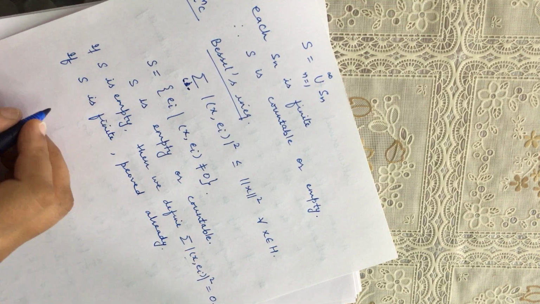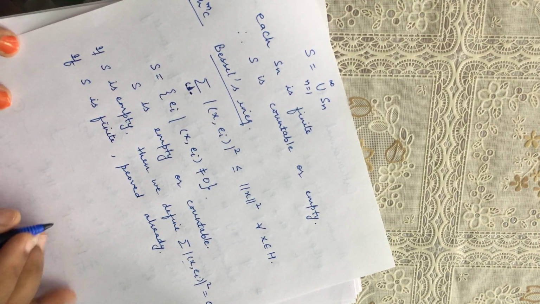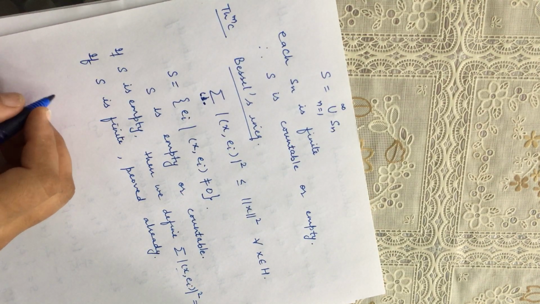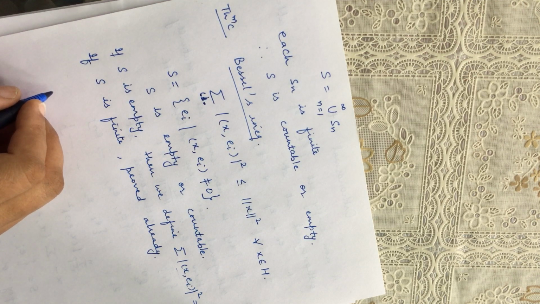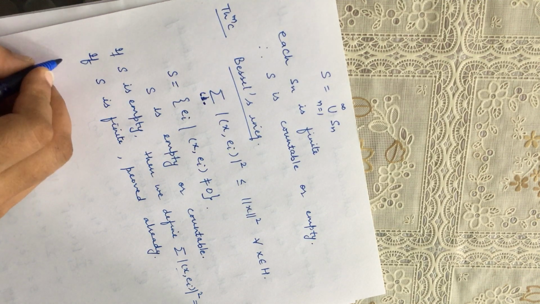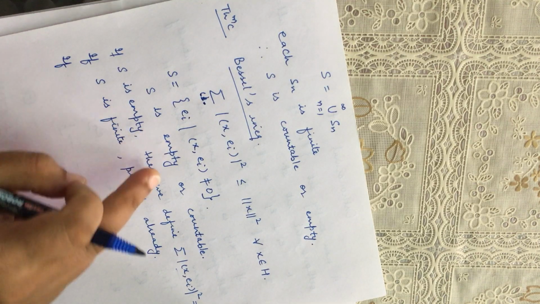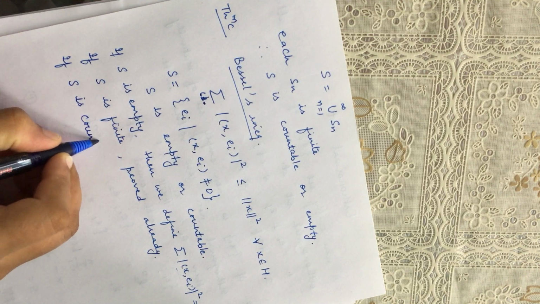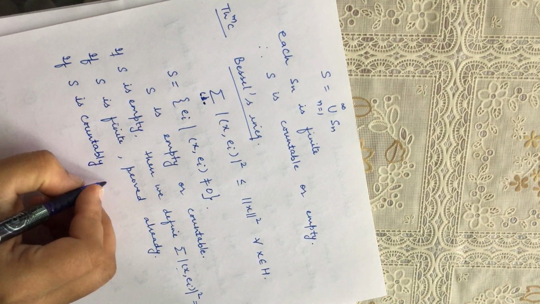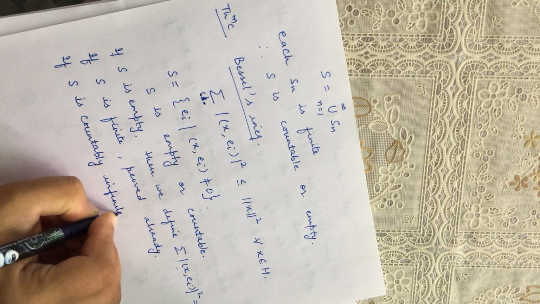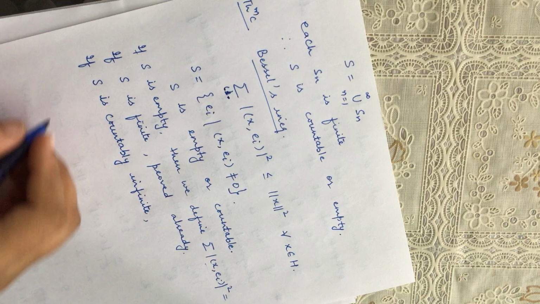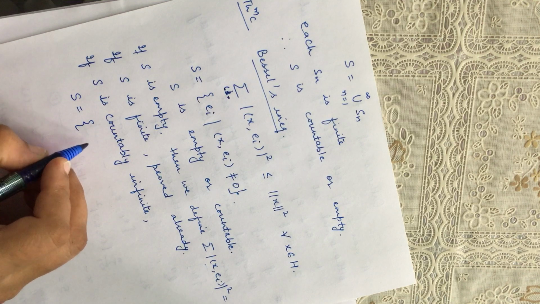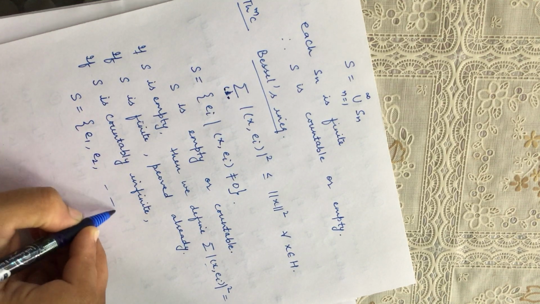Now we prove it for arbitrary S. Because we know S is either empty or countable, the rest case is just the case when S is countably infinite. So let us rearrange the vectors in the set S in this order: e1, e2, e3 and so on, en.